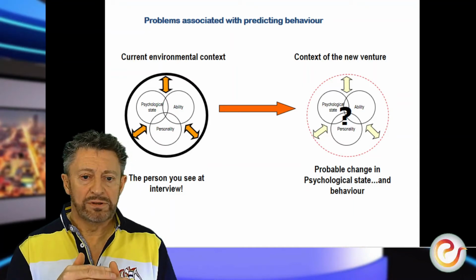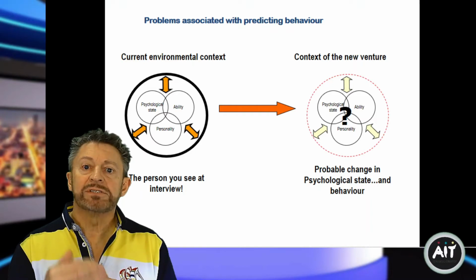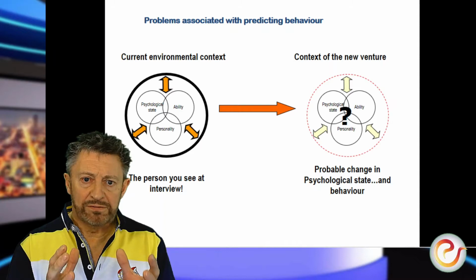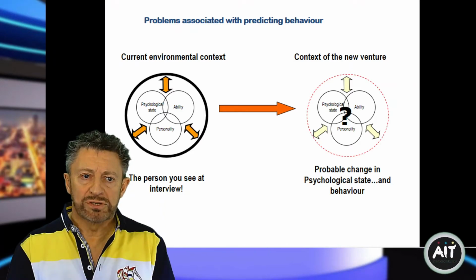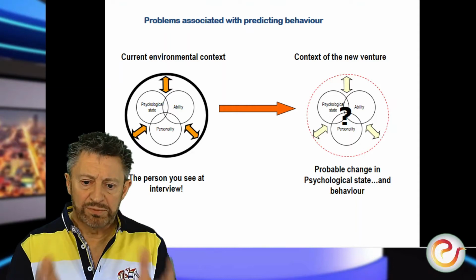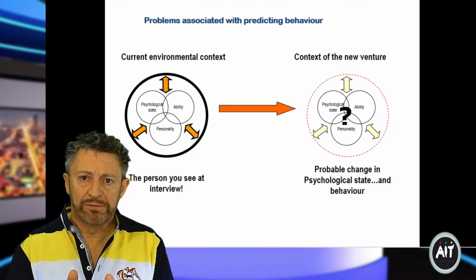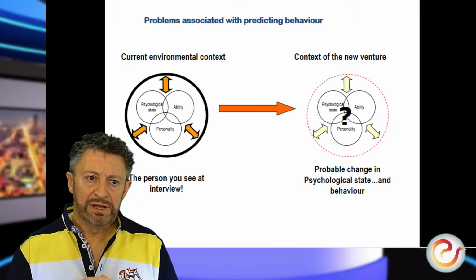There will be some levels of fear and so on. Because it's important. It's a short, high burst of energy, and they're trying to sell themselves to you as a company, giving you a window of opportunity to get a snapshot of who they are, what kind of personality, their abilities, and their psychological state.